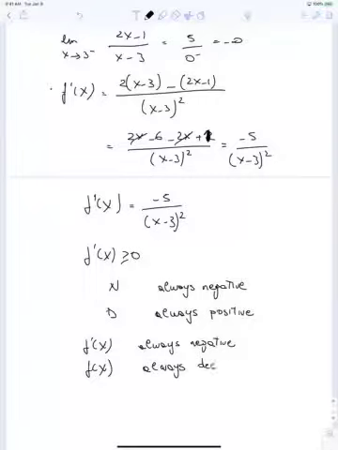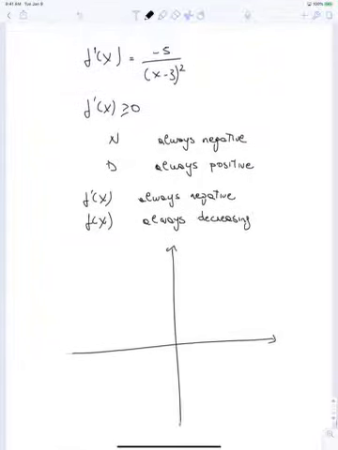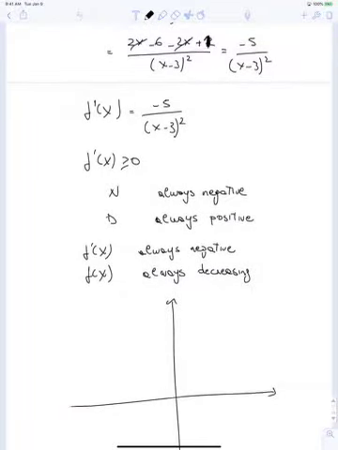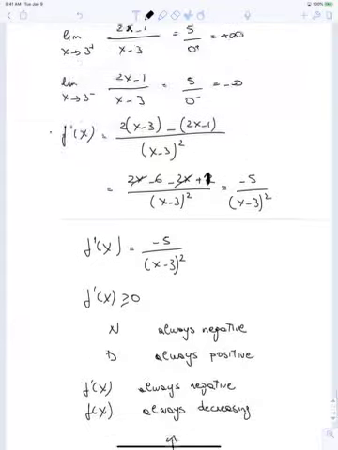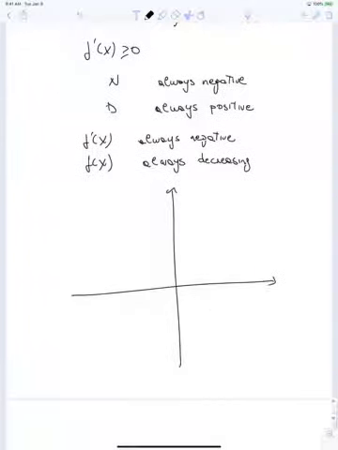Well, we shouldn't be surprised given the behavior that we supposed the function would follow, but now we can plot it. So I'm just going to replot what we have already done before. So here we have the intersection in 1 divided by 3.